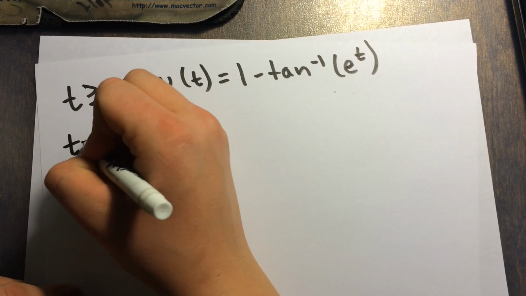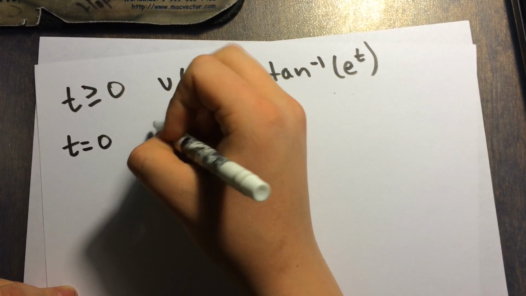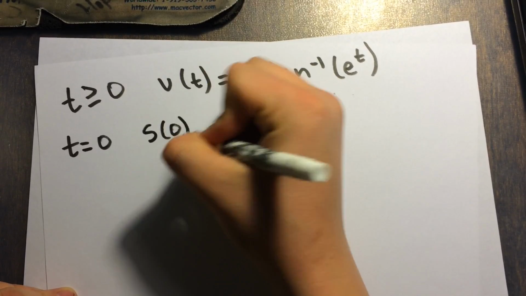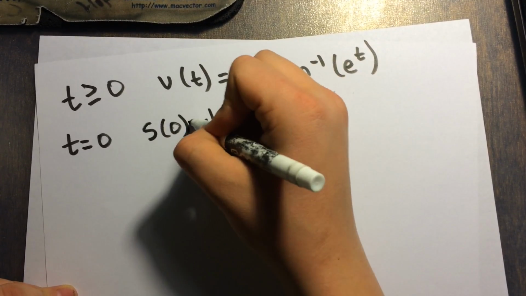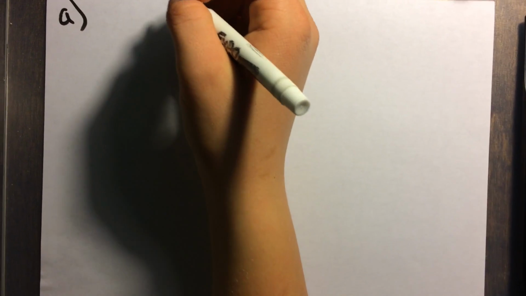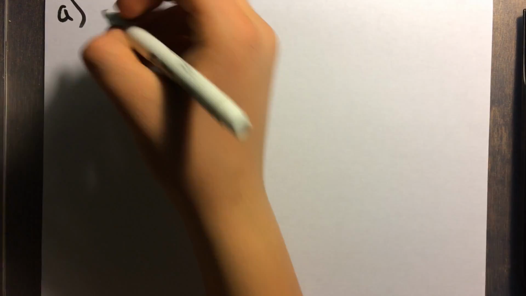At time t equals 0, s of t is negative 1. Now looking at part A, it says to find the acceleration of the particle at time t.